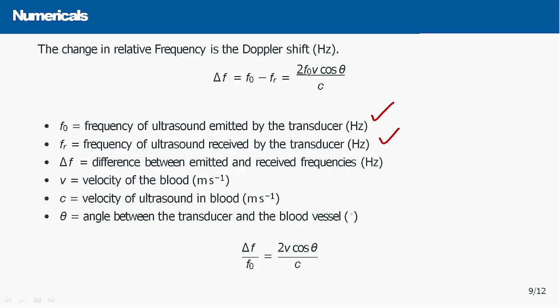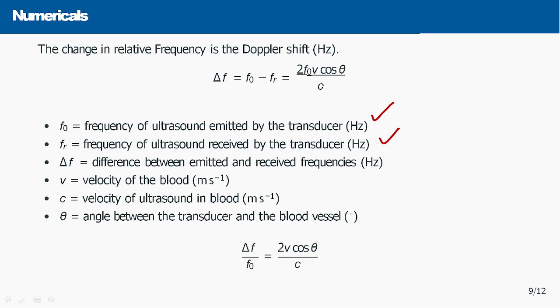The difference between them is your frequency shift or Doppler shift, and it is related by the formula delta F equals 2 F naught V cos theta by C, where V is the velocity of the blood, C is the velocity of ultrasound in the blood, and theta is the angle between the transducer and the blood vessel, as I have shown in the previous picture. This relation can be written as delta F by F naught equals 2 V cos theta by C.